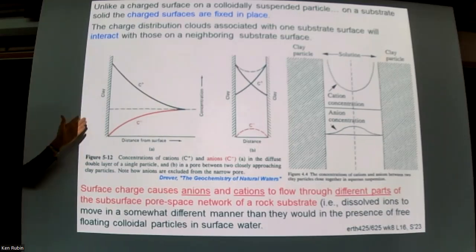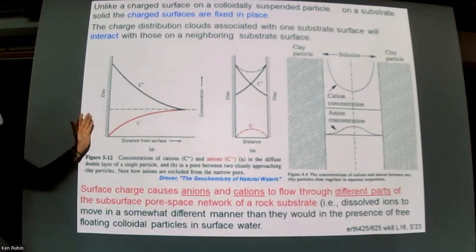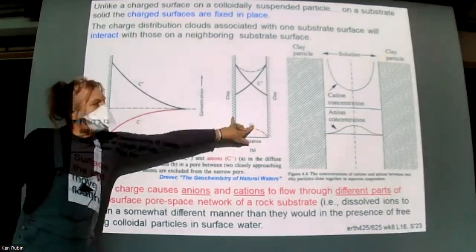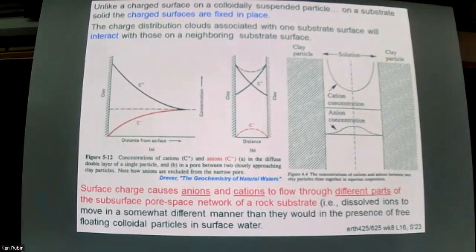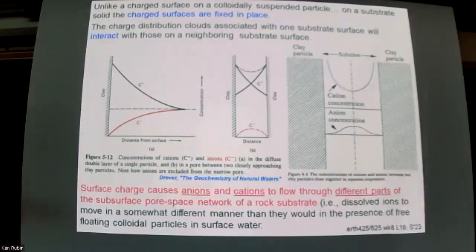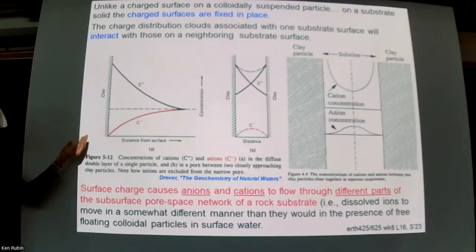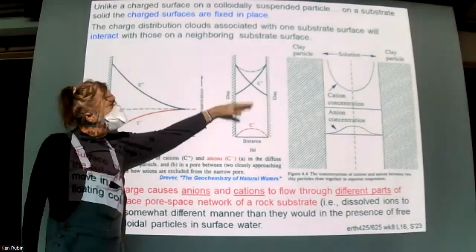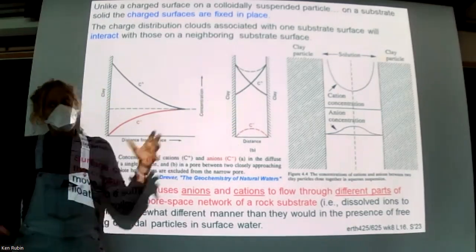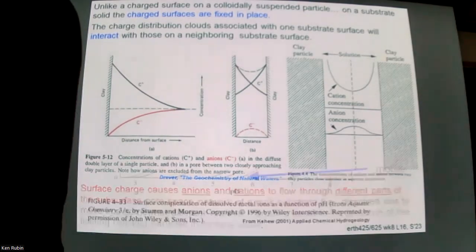But in the subsurface, if the pore spaces are small enough that one particle surface and the particle surface on the other side of the pore space interact with each other, then these charged solvation spheres around the surfaces can intersect with each other, and they can prevent some ions from flowing through. For instance, in this case, anions would be prevented from flowing through because of the way the charges are interacting with each other.